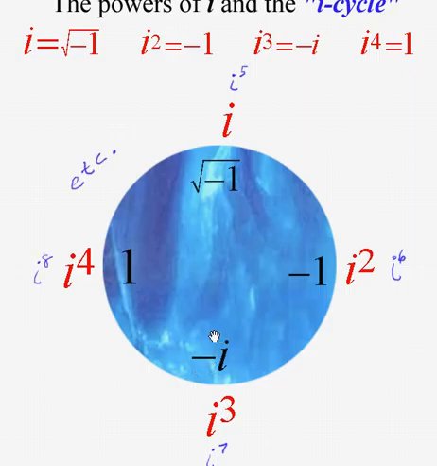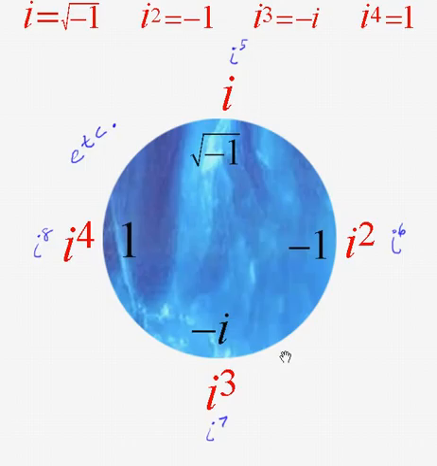And then i to the 8th is the same as i to the 4th, which is the same as positive 1. And this pattern repeats over and over again, which is why I wrote etc. It's a cycle of i's.